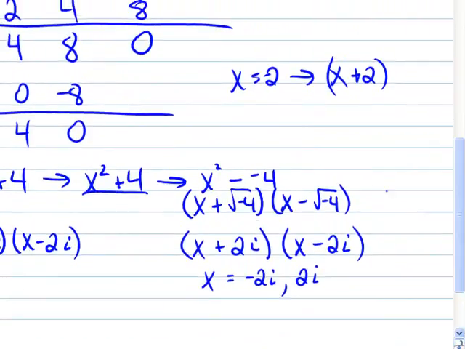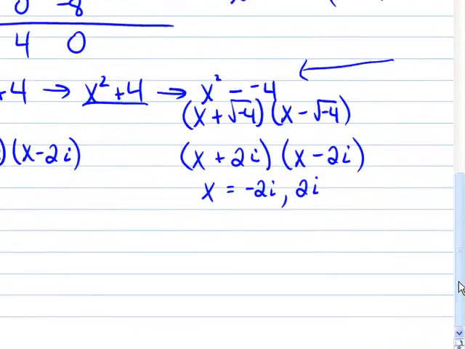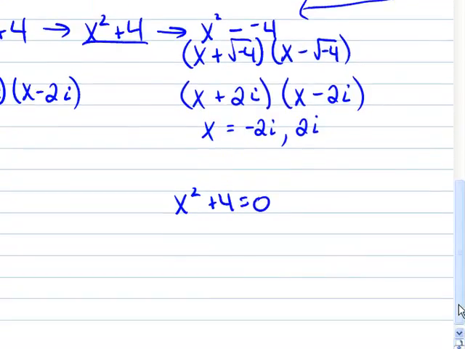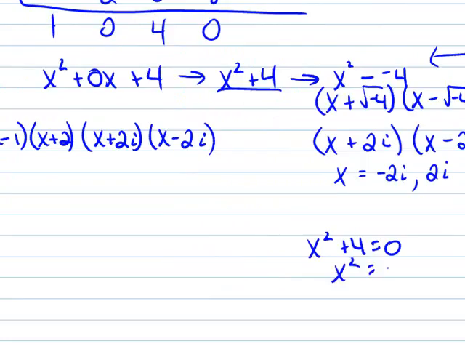Yes, the factoring was a little weird, but I don't think it's too crazy for us. You could always try to set it equal to 0 if you don't like that whole factoring thing, and try to solve that. I just have an x squared term, no x to the first, so I would isolate, take the 4 to the other side, and take the square root of both sides, and I have x is plus or minus the square root of negative 4, which is 2i, and here we go again, still plus and minus 2i.